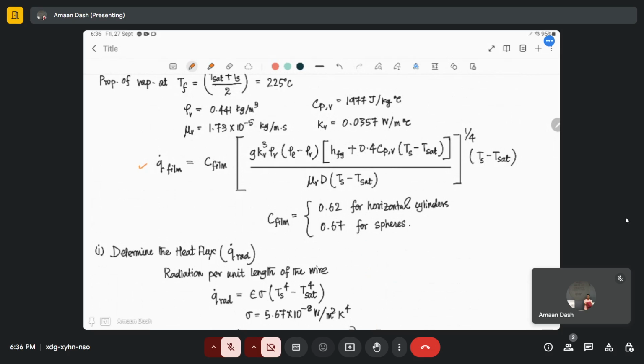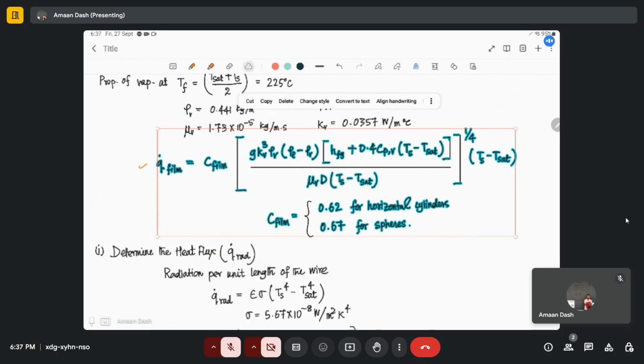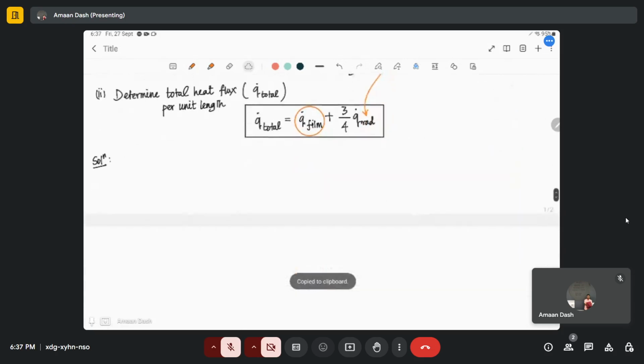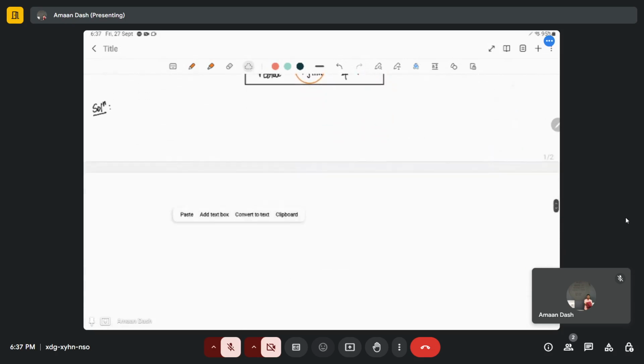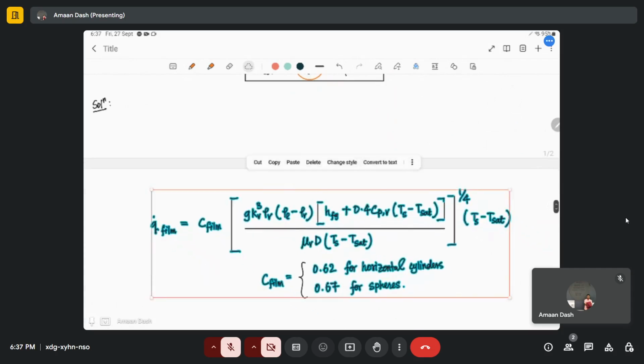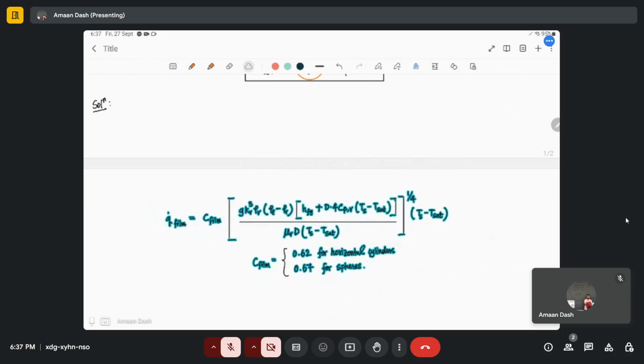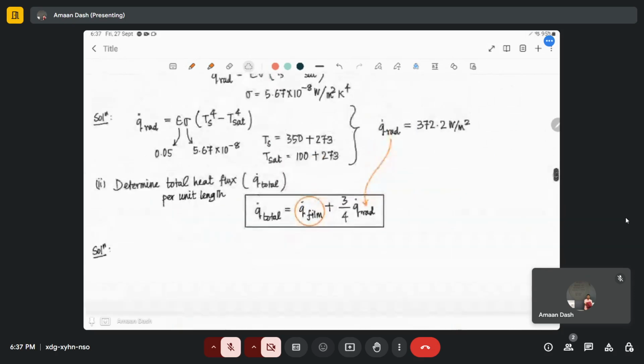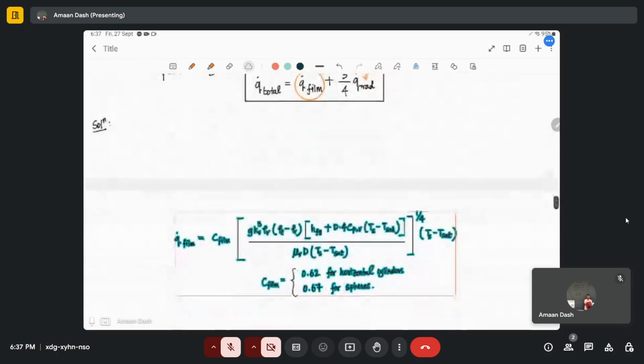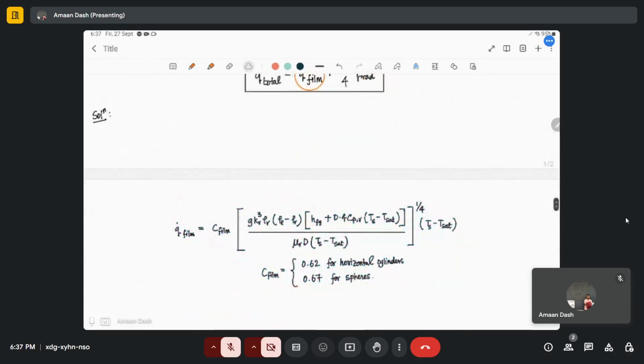So let me write it here. So this is the Q expression.